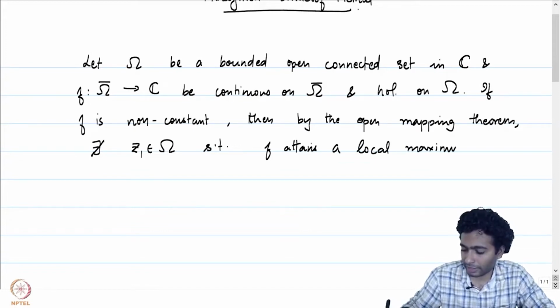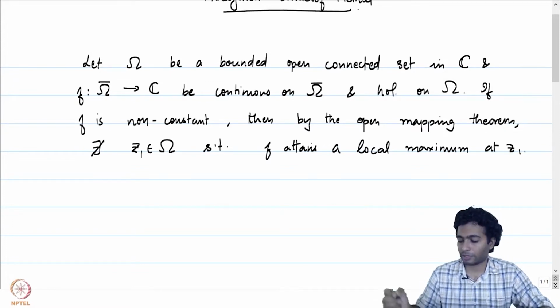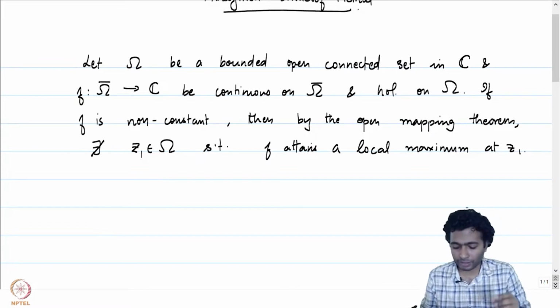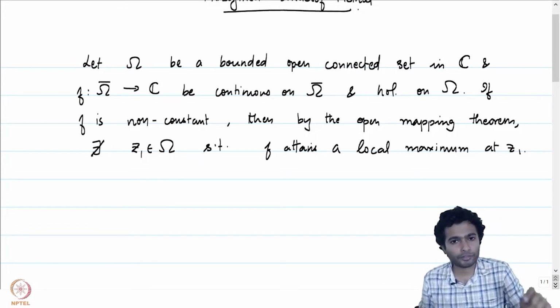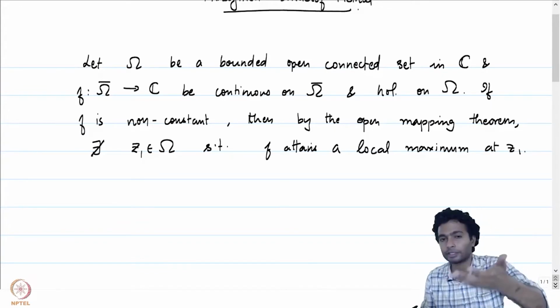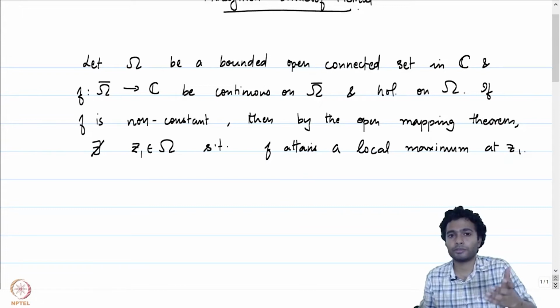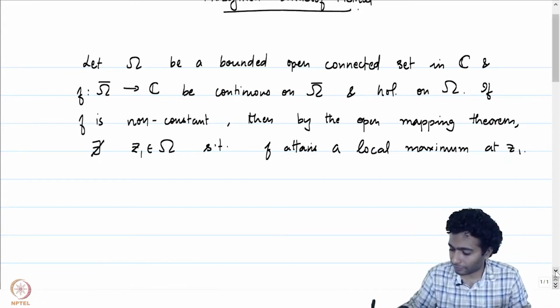This is something which we had discussed earlier in one of the problem sessions. Because it's an open mapping, there will be a ball around f(z1) which is contained in f of omega, and therefore you will be able to get hold of some z2 such that the absolute value of f of z2 is greater than the absolute value of f of z1, and therefore it cannot have a local maximum.